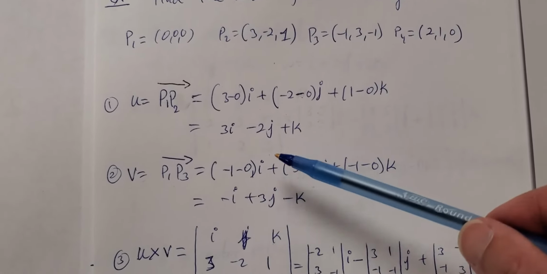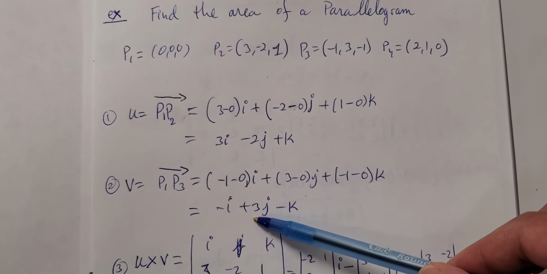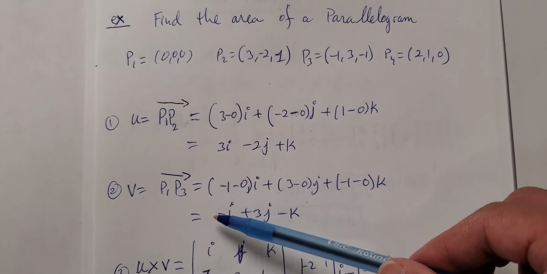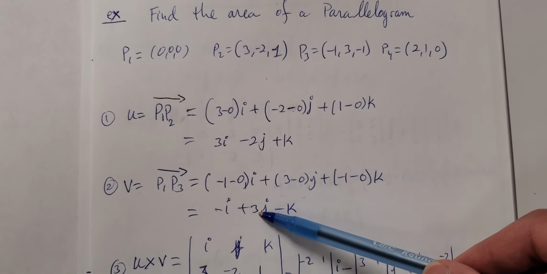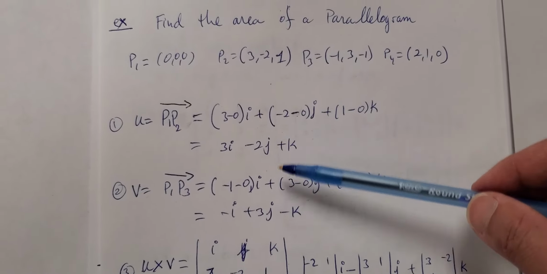And then do your algebra. It comes out to be -1i plus 3j minus k. So these are the two vectors that we need.